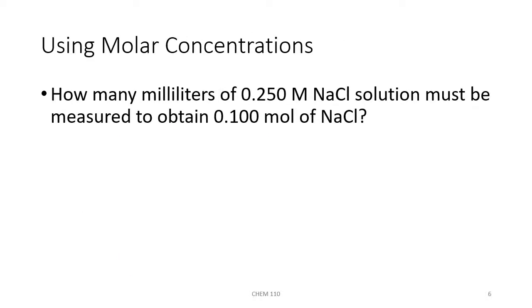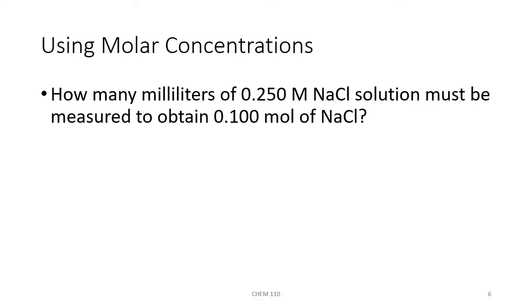So imagine we're doing a reaction and we need a certain number of moles of sodium chloride for that reaction, but we're starting with a sodium chloride solution and not the solid. How many milliliters of 0.25 molar sodium chloride solution must be measured to obtain 0.100 moles of sodium chloride?